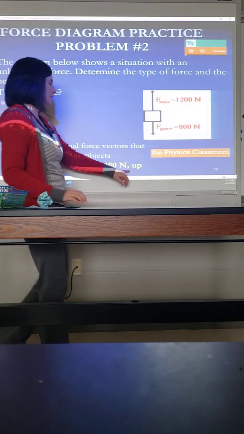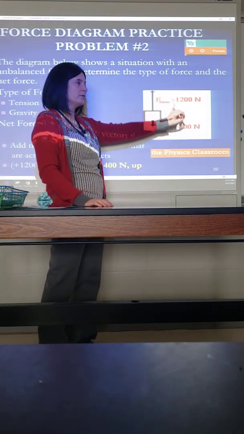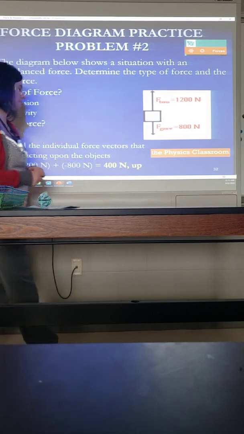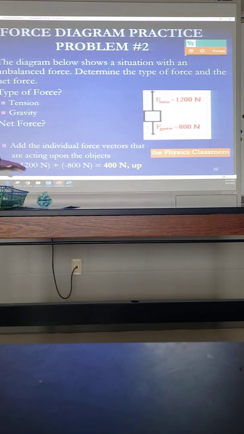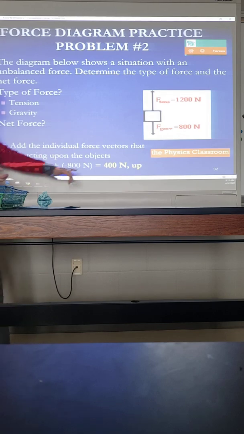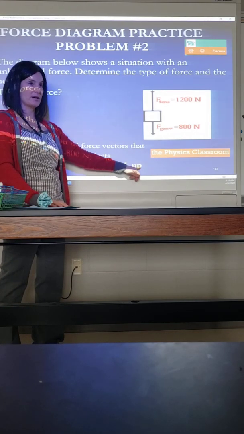And I know that it's going to be in the upward direction, because 1200 is bigger than my 800. So this shows, using the signs, 1200 plus your negative 800, or think about it, they're opposites, you can just subtract them. 1200 minus 800 will give you the same answer of 400. Include the unit of the newton and the direction, up.